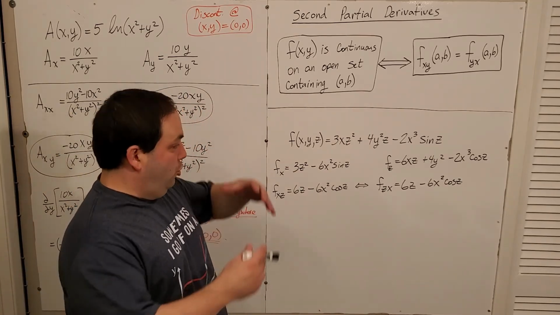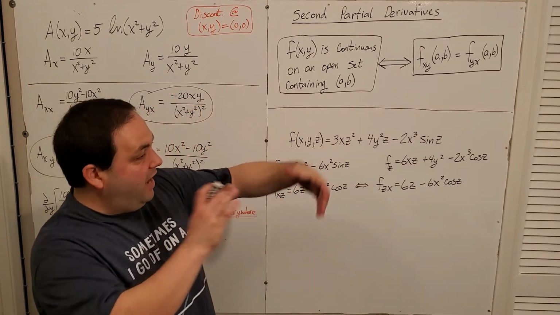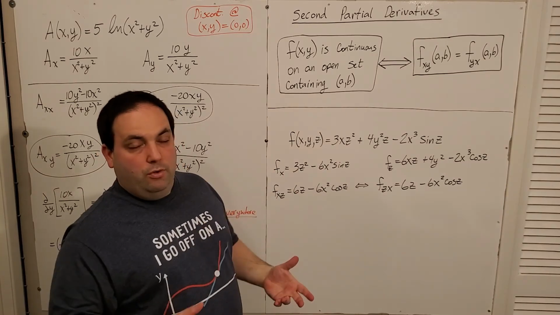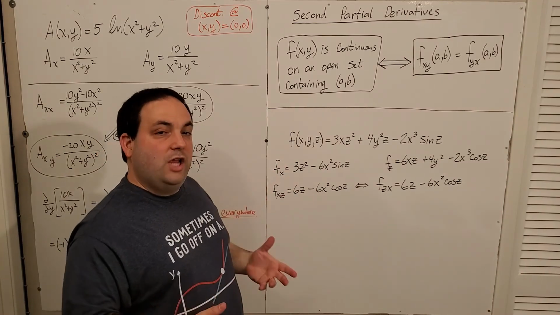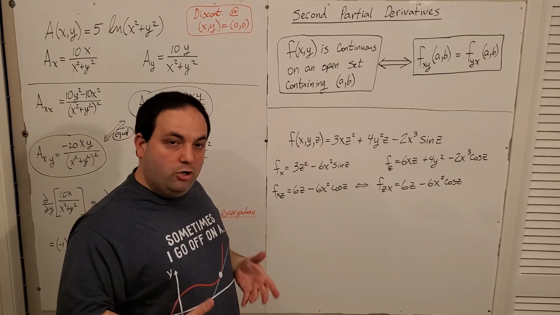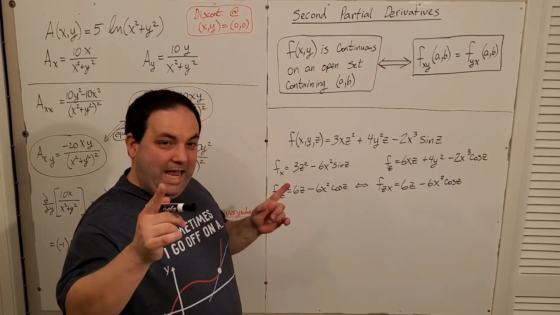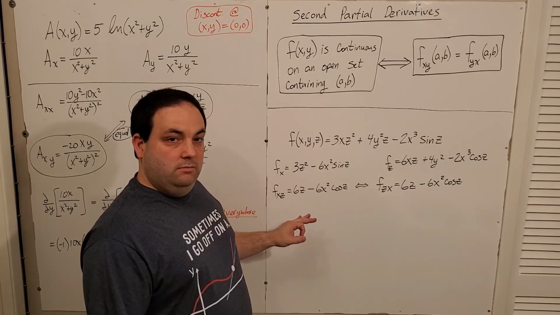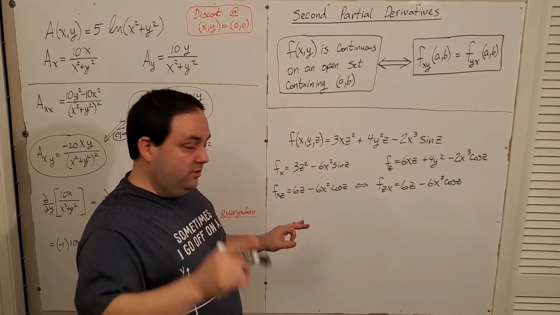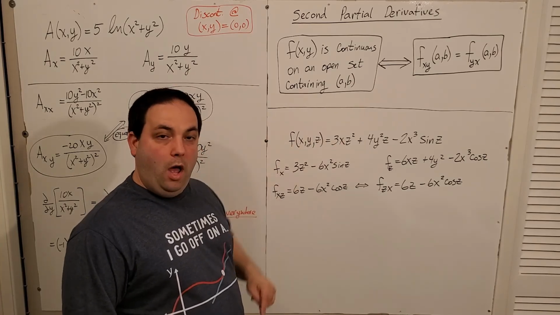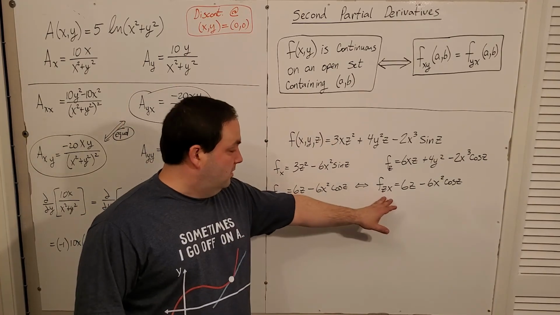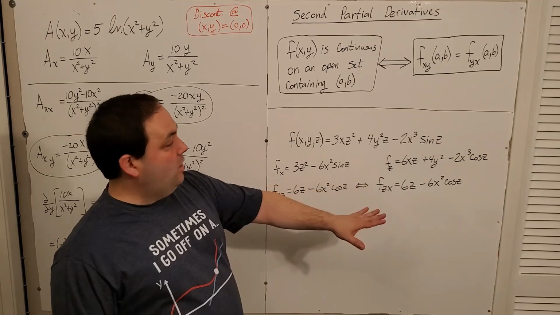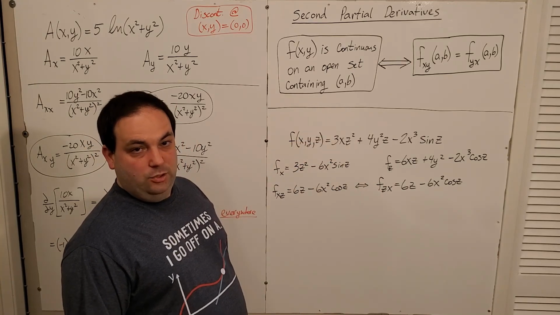So you can take partial derivatives of any size function with any number of variables. That doesn't change the definition of what a partial derivative is. And any combination of second derivatives, mixed ones, not like xx and yy, any mixed second derivatives are going to be equal whenever the function is continuous.